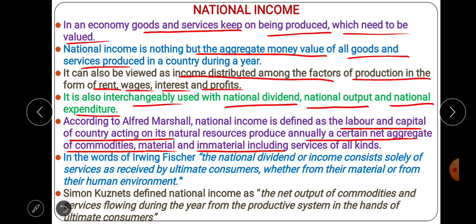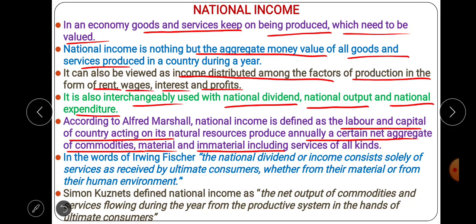So this is the definition of national income given by Alfred Marshall: the labor and capital of a country, acting on its natural resources, produce annually the net aggregate of commodities, material and non-material products like different services.